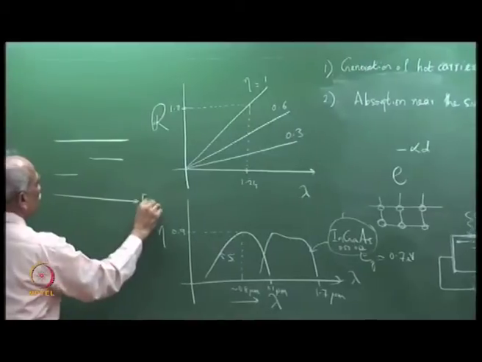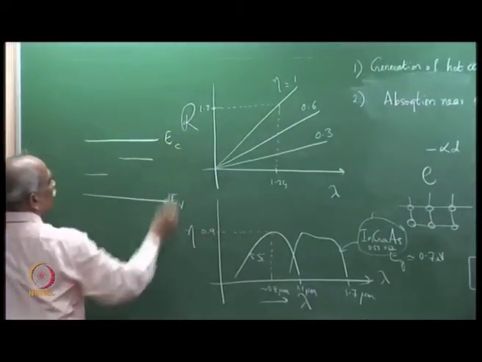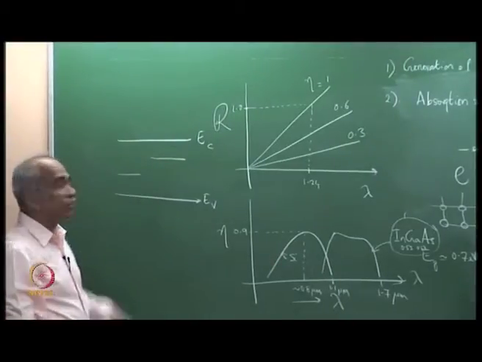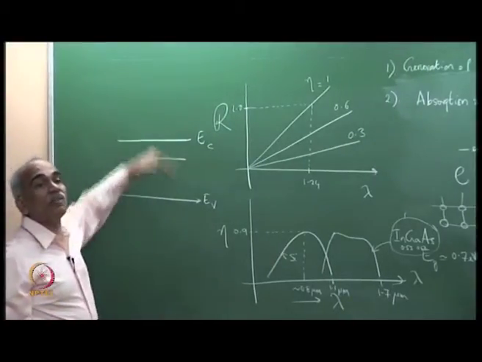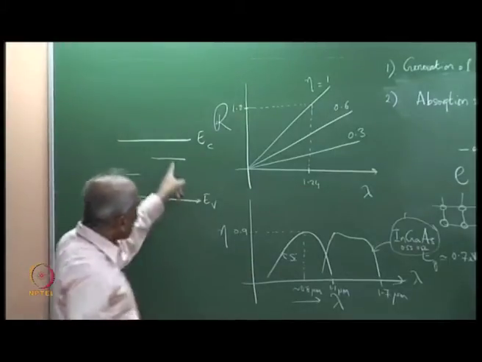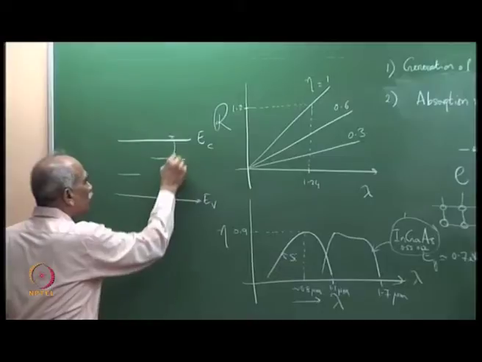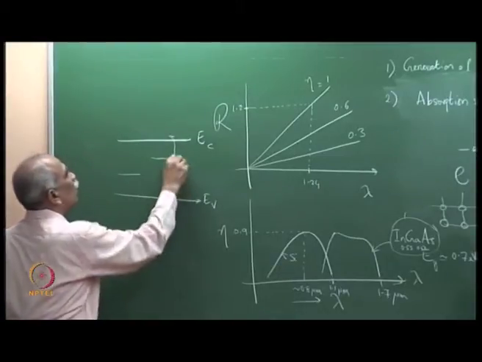So, this is EV, this is EC, and this is the EG. Corresponding to the surface states, there are states in the forbidden gap, and these act like trap states, and they facilitate recombination of electrons and holes.